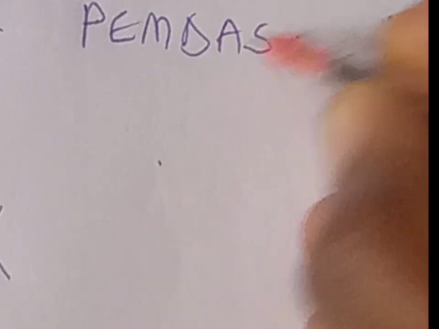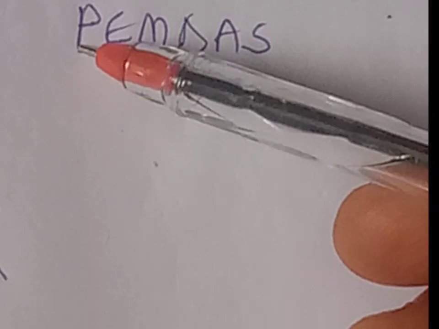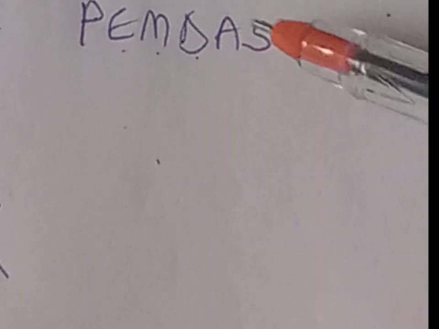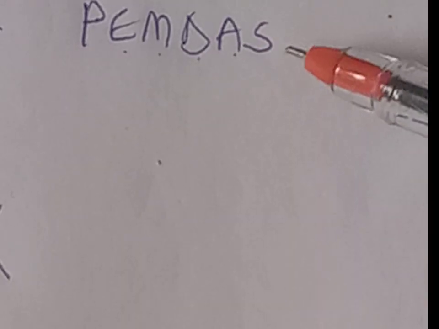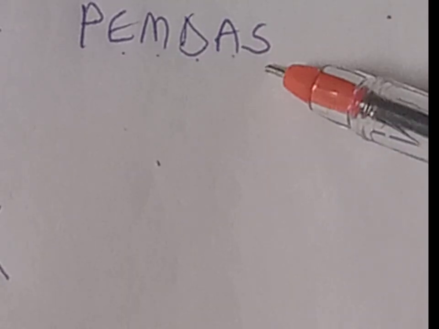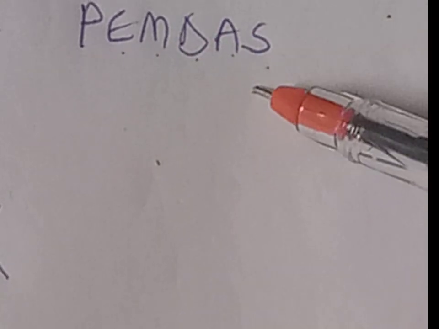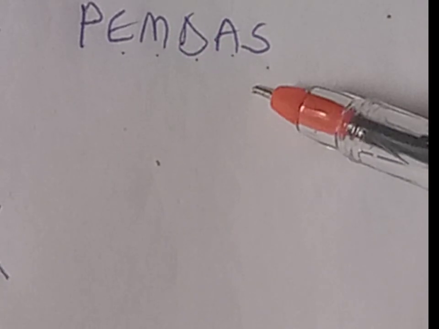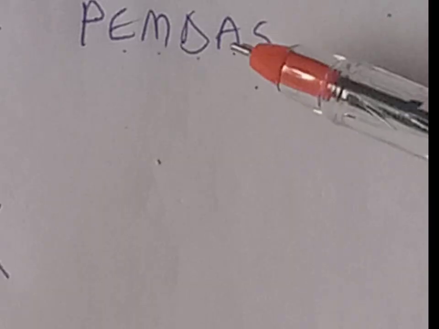PEMDAS stands for P parenthesis, E exponent, M multiplication, D division, A addition, and S subtraction. This version of operation tells us exactly what to do first, second, third, and so on.